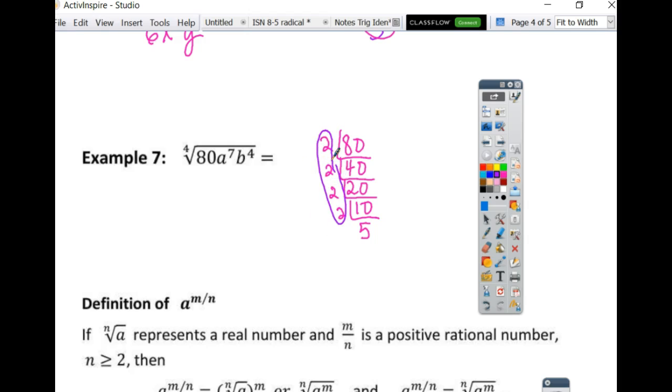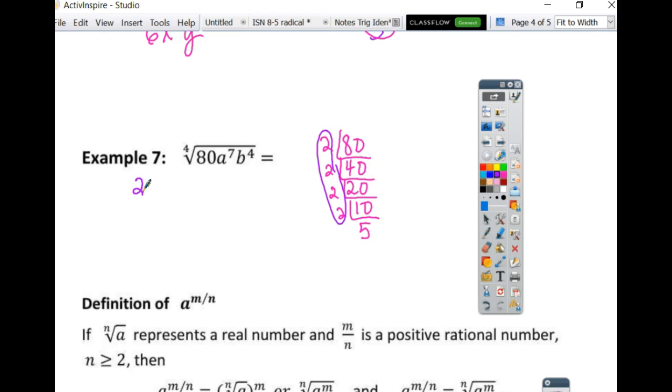So it's all the 2's. So the 2's get to come out. Now, how many A's do I have? 7. Does 7 divide by 4? No. So what's left over? How many are left over? 3 of them are left over.